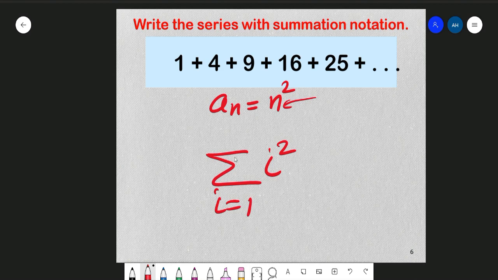And what is the upper limit of this summation notation? Now these three dots at the end represent that the sum of this series is without ending, goes to infinity. So we have to write down the upper limit as infinity like this. Now this is the way to write down this sum or this series by using summation notation.